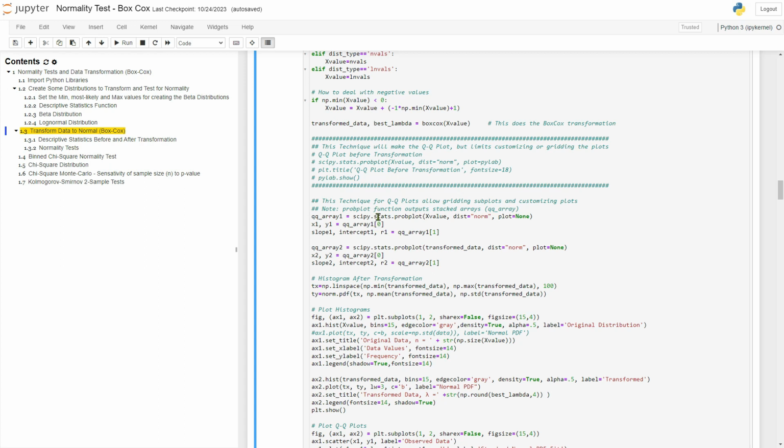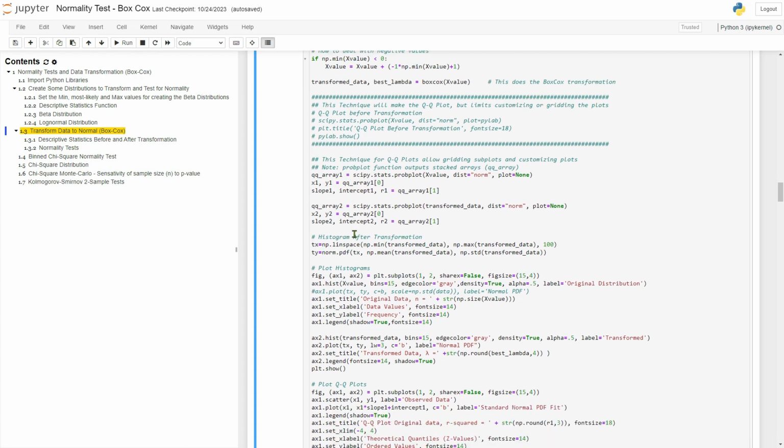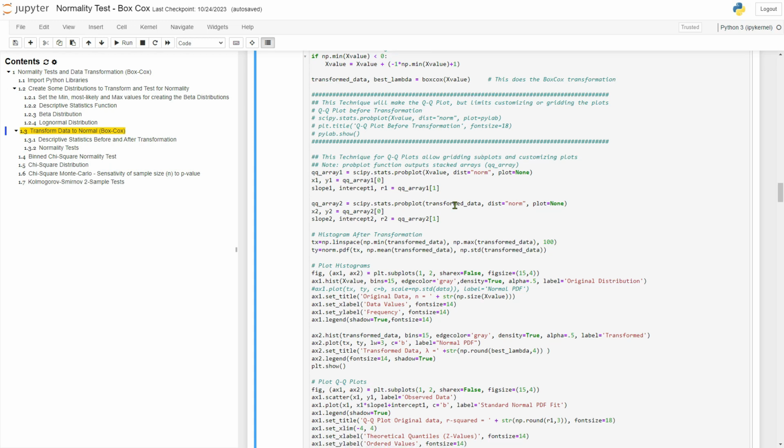So what I'm doing is I'm running the probplot routine, but I'm writing out the arrays that I use to get the points and the linear fit. I've done that here for the raw data, the b-vals, and here I've done it for the transform data that we got from the Box-Cox transformation.